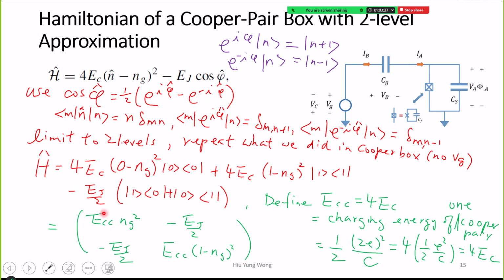This is 4EC, so it's ECC ng squared, ECC 1 minus ng squared. And then these two off diagonal terms, again, you should recognize this. This is exactly the same as what we had last time, except last time with ng equals 0, so this term is 0 and this term is just ECC. Question?